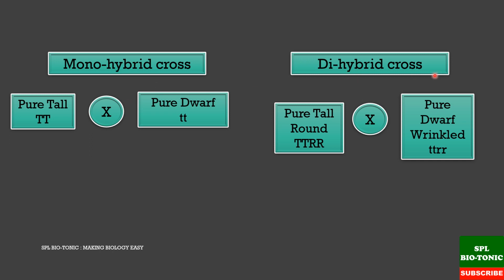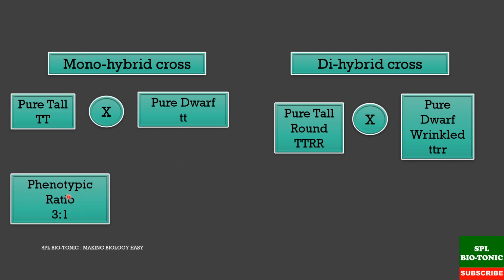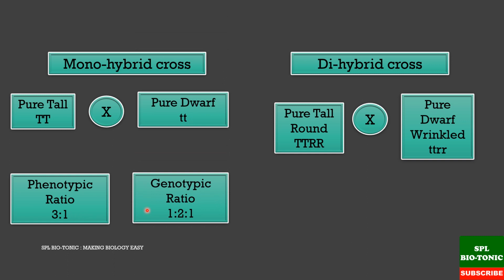In the case of a dihybrid cross, two parents are crossed with two pairs of contrasting characters. Here one pair of contrasting characters is tall and round, and the second is dwarf and wrinkled. Typically in a monohybrid cross, we get a phenotypic ratio of 3:1, whereas the genotypic ratio is 1:2:1.